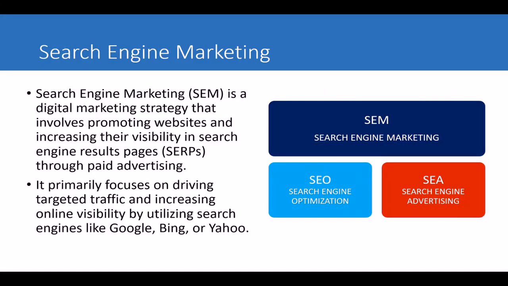When we talk about search engine marketing, there are two aspects we are going to focus on: SEO, or search engine optimization, and search engine advertising, or SEA. Those are the two branches of search engine marketing. We are going to talk about both, but in this module, we are looking at SEO.